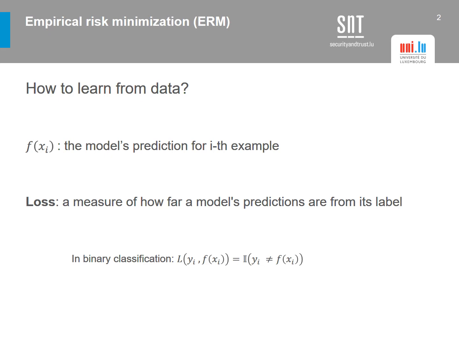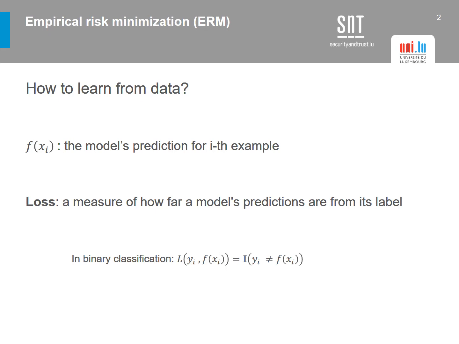Here we can see the mathematical notation of loss. The idea here is that if the prediction f of xi is equal to the label yi, the loss will be equal to 0 because there is no error. An example would be spam filtering. The model predicts a spam email as spam.